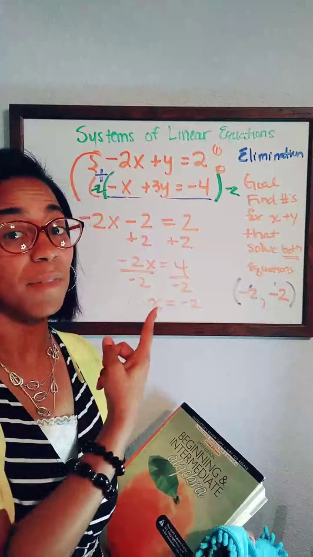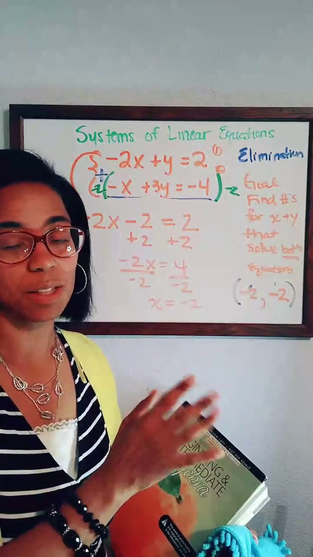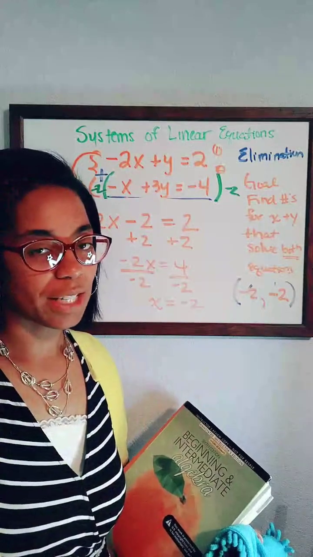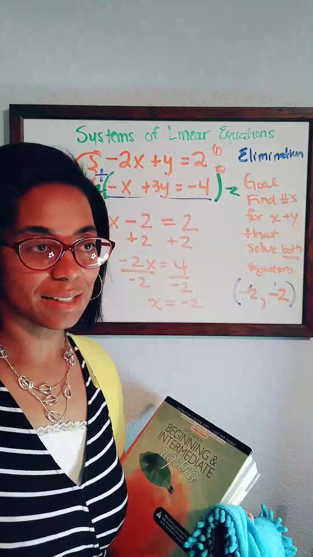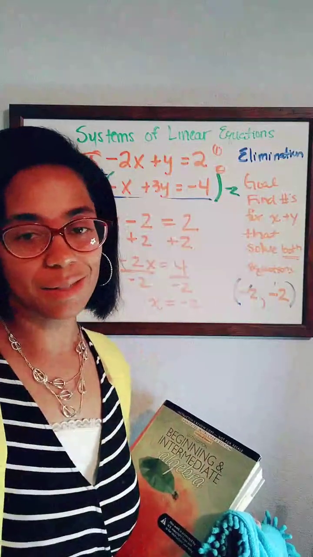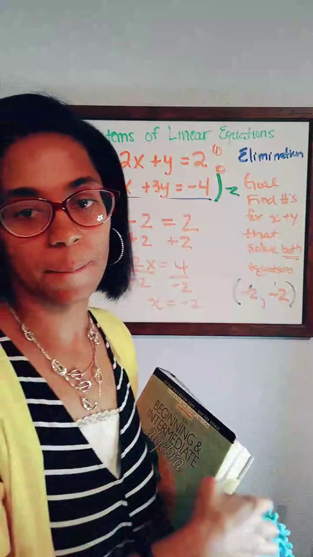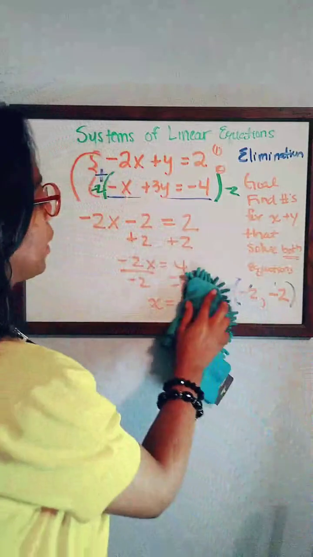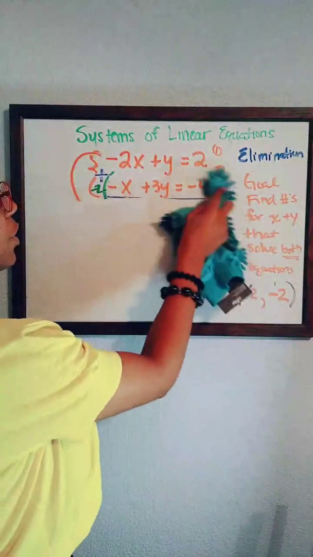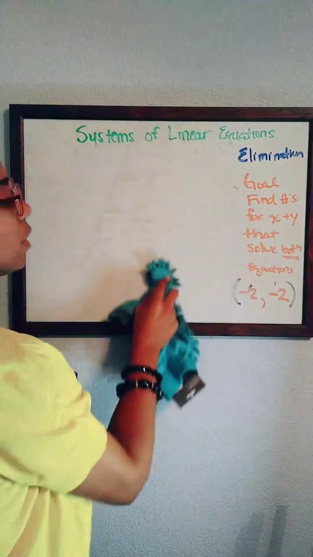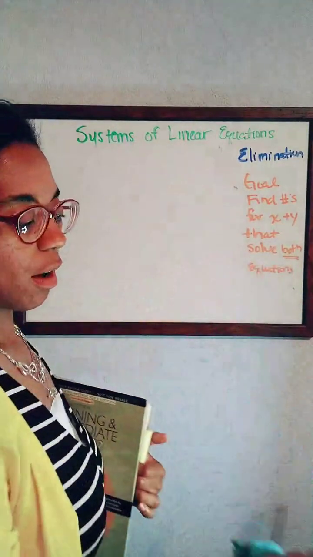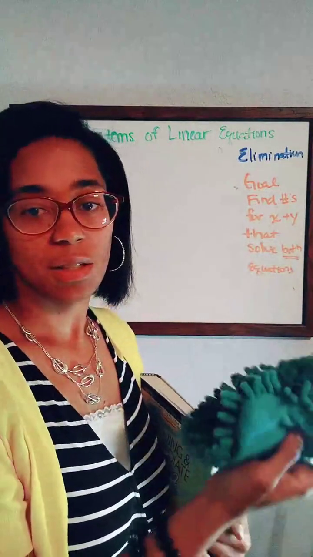I personally, this is my favorite method. I don't like the substitution method, but it's because that's how my brain is wired. I can look at it and say, oh, multiply that, add it, subtract it, divide it, flip it, we done. But it can be difficult if you're not used to creating those equivalent equations.